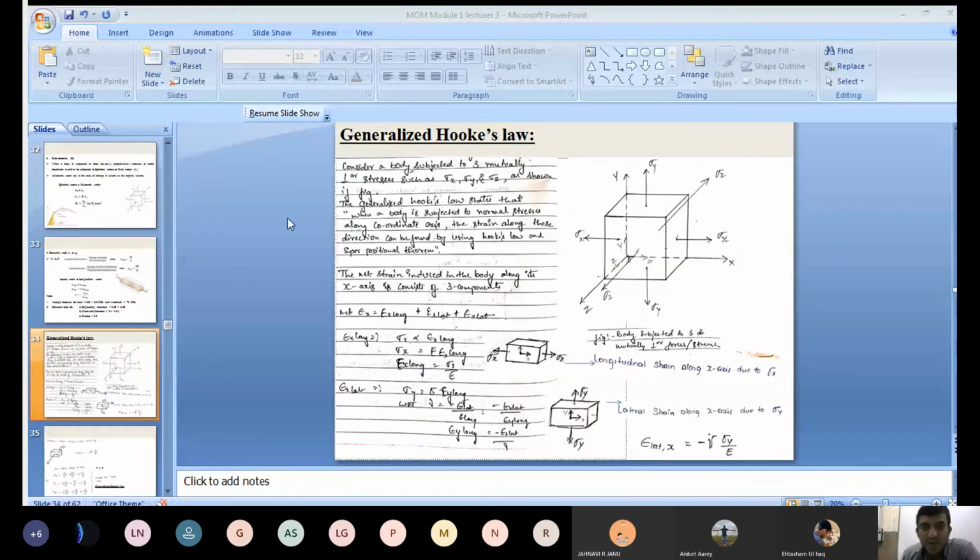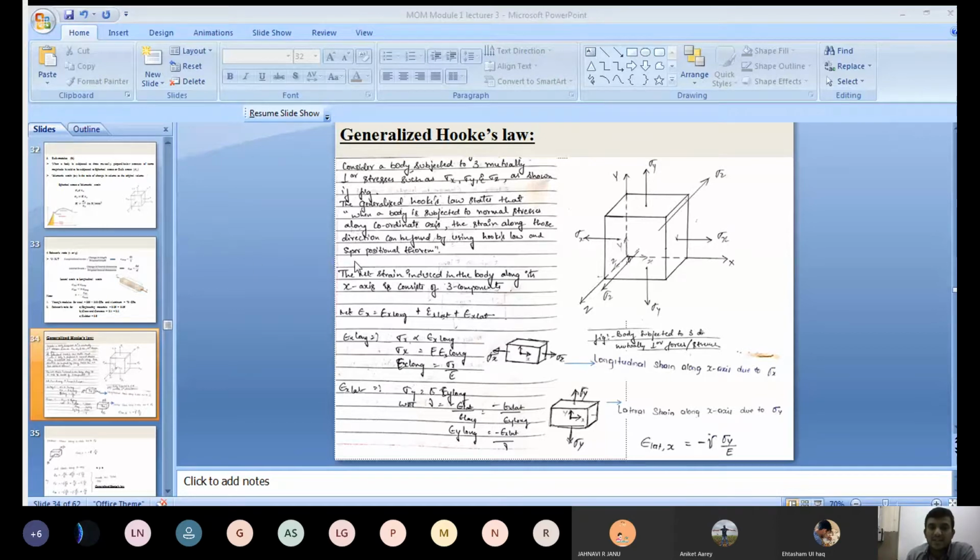Right? Then how do you determine? First, I want to determine the net strain or total strain induced along the x-axis. Once you derive this, similarly you derive the strain induced along the y-axis and the strain induced along the z-axis, the net strain or total strain. Now, how do you determine the net strain induced in the body along the x-axis?